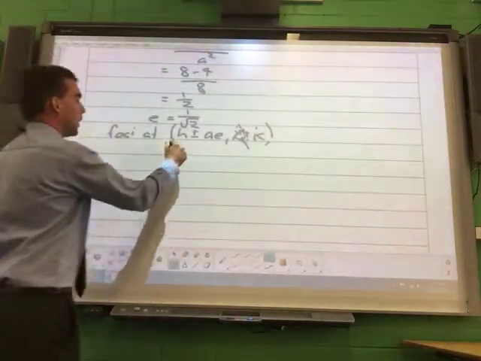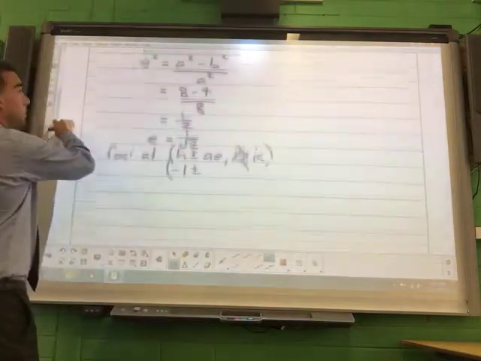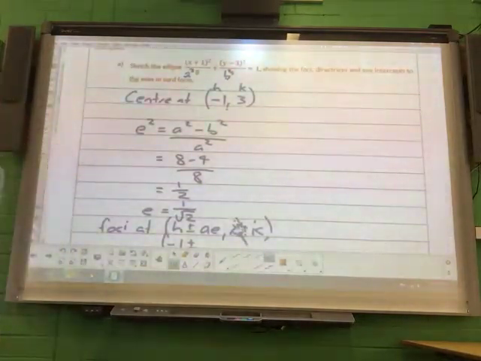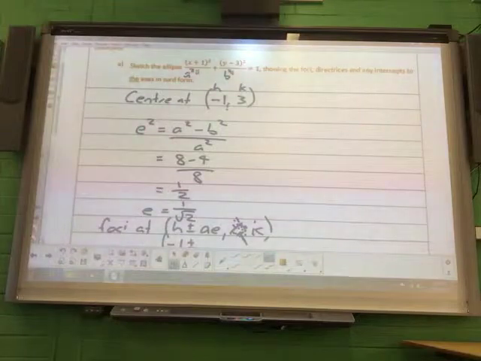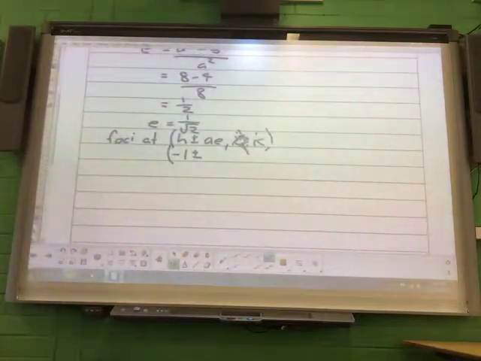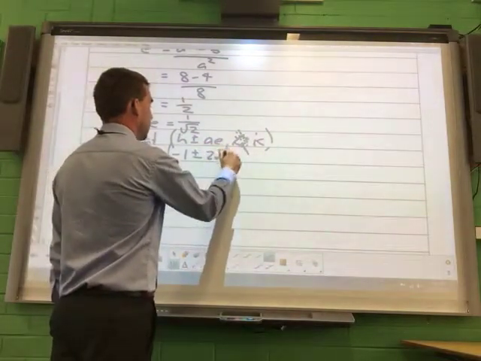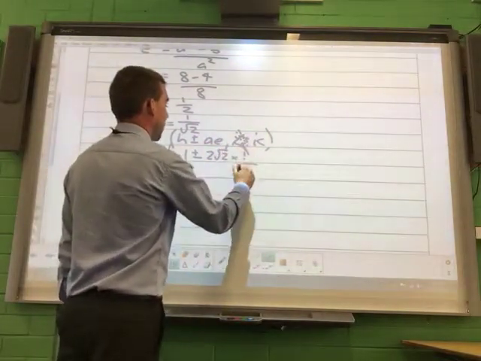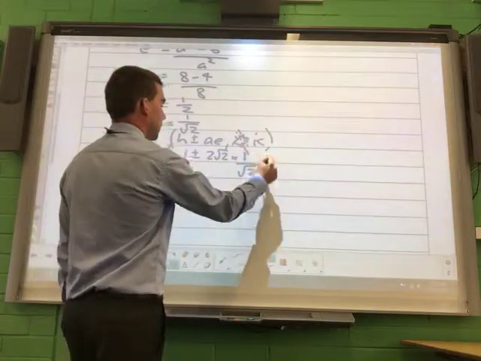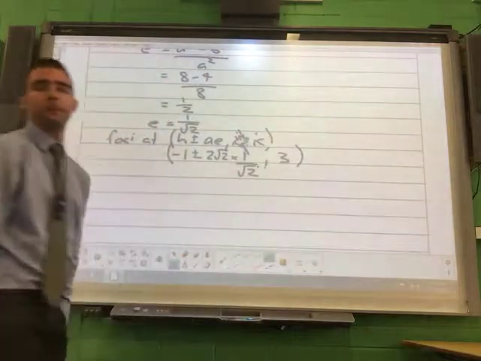So we've got minus 1 plus or minus A, which is the square root of 8. I'm going to write it in surd form as 2 root 2 because I'm observing that the eccentricity is 1 on root 2 and things will cancel. Okay, 2 root 2 times 1 over root 2, and then we have to shift up 3.